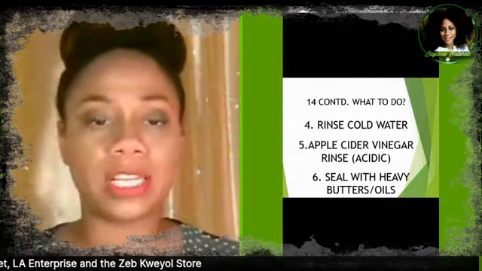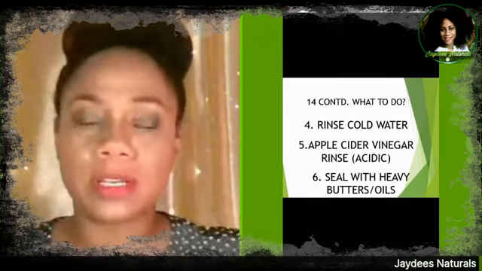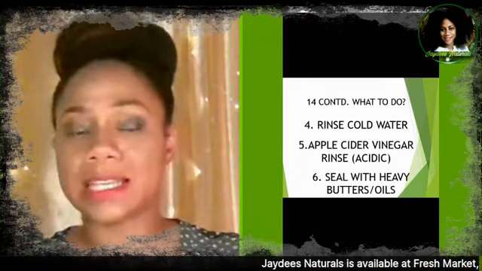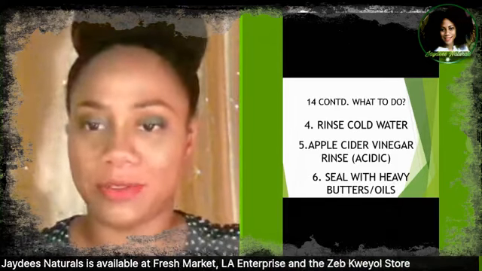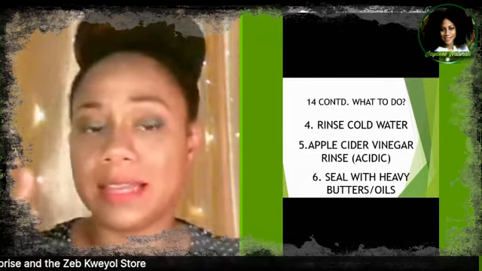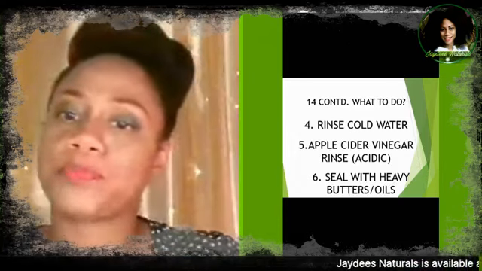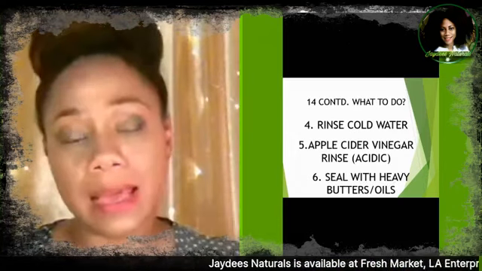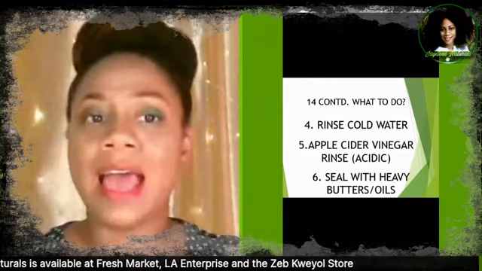So after you put the conditioner and all that good stuff in your hair, you rinse with cold water, then the cuticles relax a bit and ensure that they retain that good stuff in the hair strand. As well as apple cider vinegar rinses, which are very good because they're acidic, so they close the cuticles a little more. And then we always seal with heavy butters and oils.